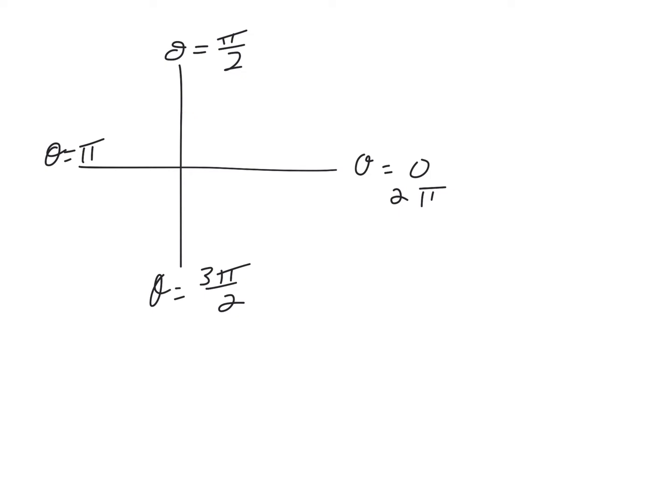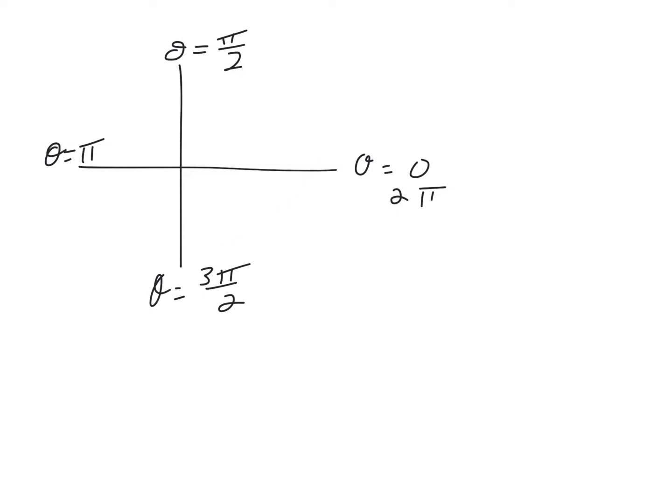Why? Let's think about it. If you did pi divided by 2 in your calculator, it would be 1.5 something. Remember how we said this is going to be about 1 radian of an angle, so it's a little beyond 1. So pi over 2 right there, and then we get to pi, 3 pi over 2, and 2 pi.